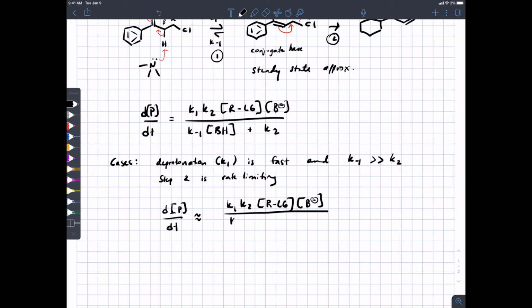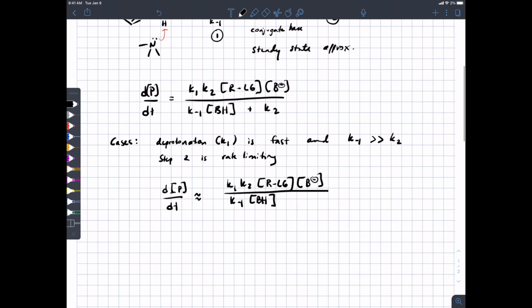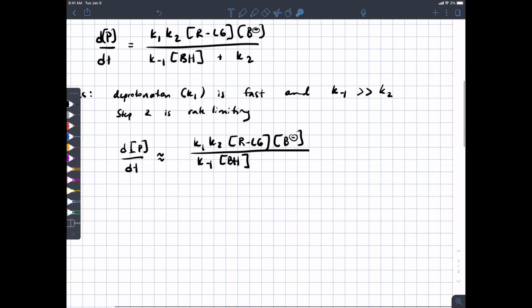And then if we think about the equilibrium between the base and its conjugate acid, we might say that Ka for the conjugate acid is equal to H3O plus times B minus divided by BH.